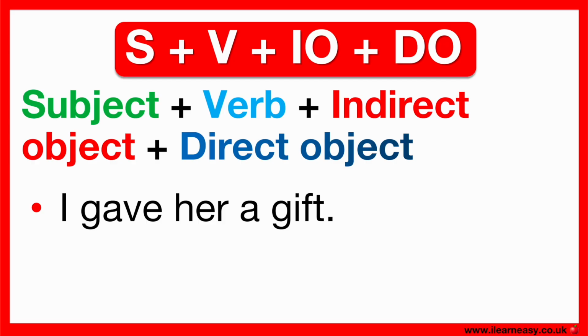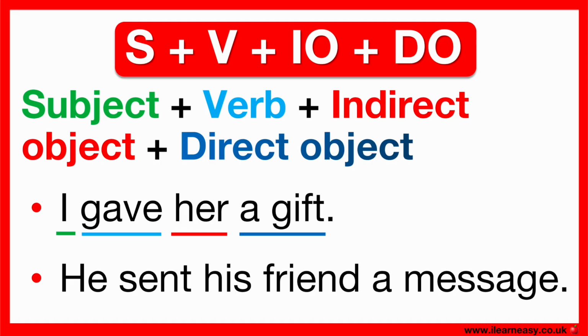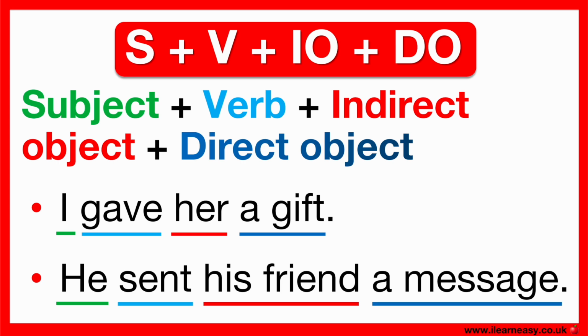The subject is I, the verb is gave, the indirect object is her, and the direct object is a gift. He sent his friend a message. The subject is he, the verb is sent, the indirect object is his friend, and the direct object is a message.